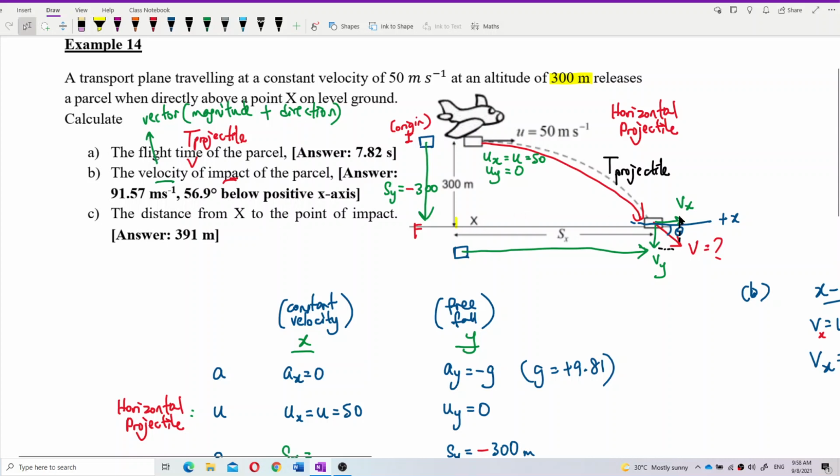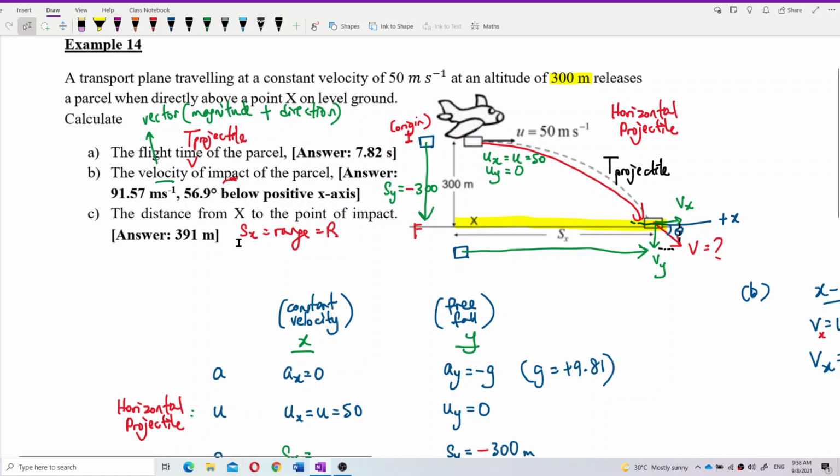That means you want to find this one, isn't it? So it is Sx, the horizontal range. You want to find the range, which is the R. Understand? You want to find the range Sx.